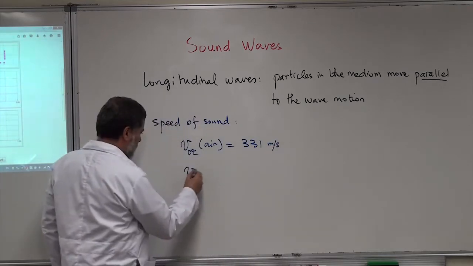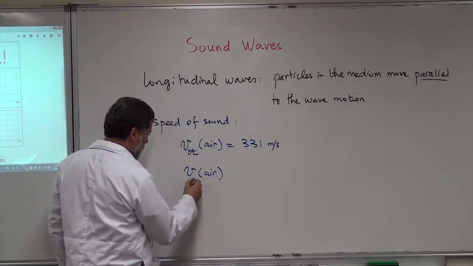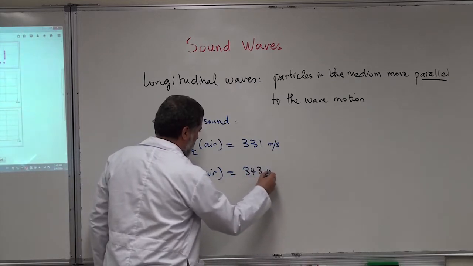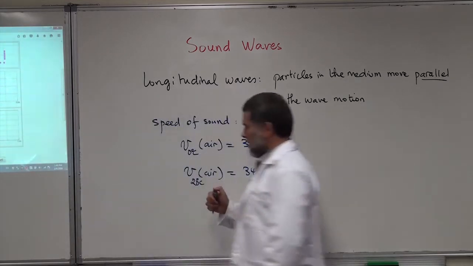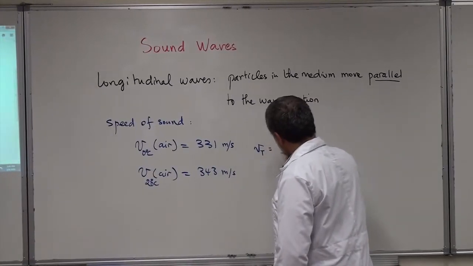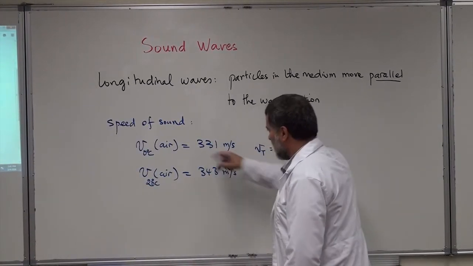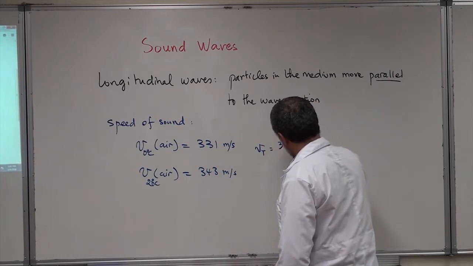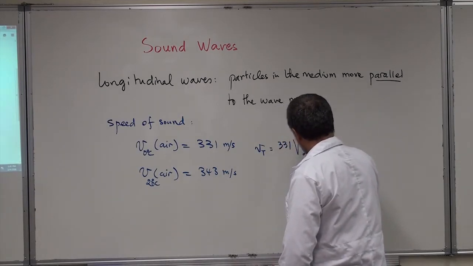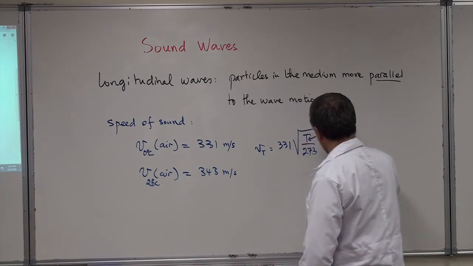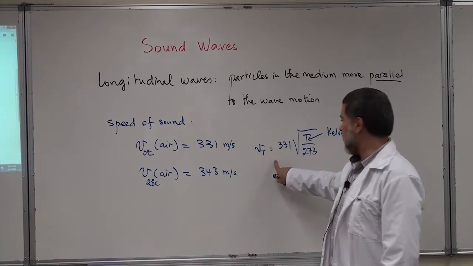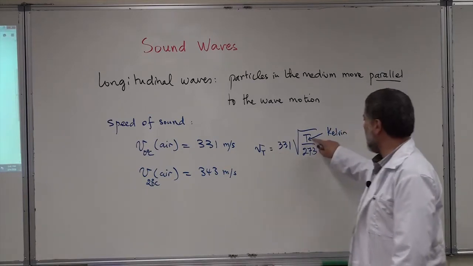And the speed of sound in the air at 20 degrees Celsius is 343 meters per second. There's a relationship between v at any temperature T and v at 0 degrees Celsius: v = 331 square root of T over 273. Of course, this temperature is in Kelvin, you have to be careful. This relationship gives the speed of sound in air at different temperatures.